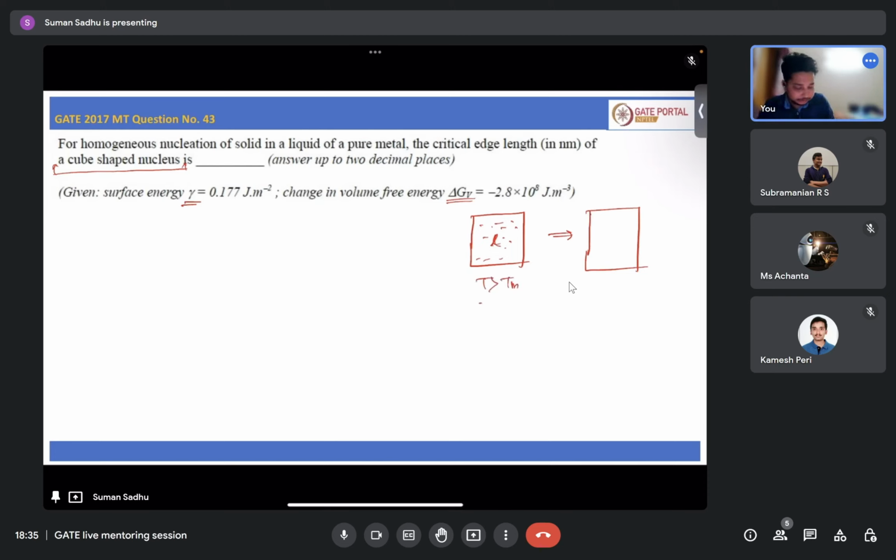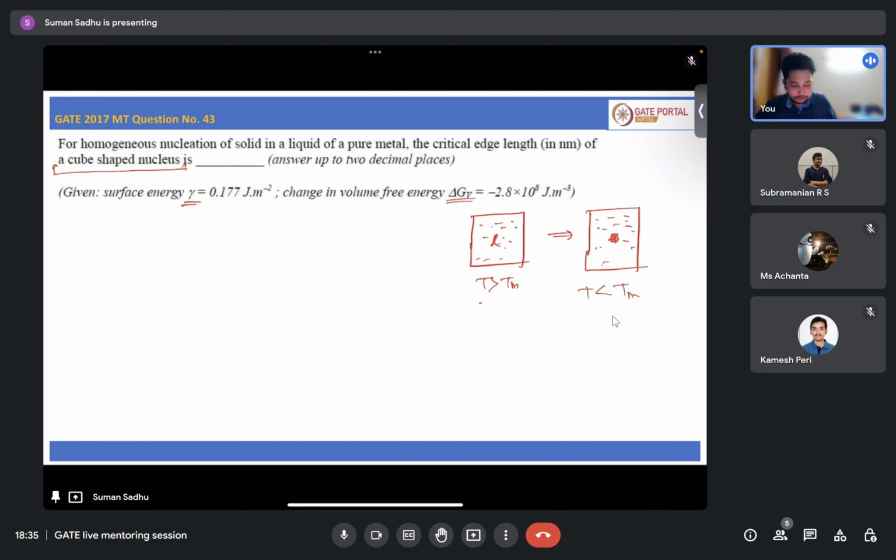But as soon as you come down to T less than Tm, this solid-like cluster forming in the liquid phase will be stable. The critical nucleus is the smallest nucleus which will be stable if further atoms are added to it. So this is the smallest stable size of your nucleus, the critical nucleus.